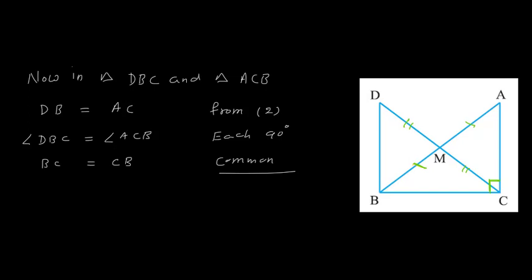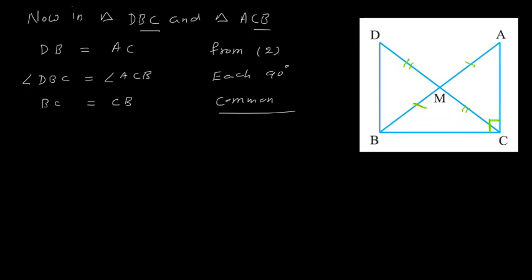Yes, we can write, but I am writing as per the correspondence. If you see this triangle DBC and ACB, here BC side is corresponding to CB side, like that. So you also follow this way of writing the values. Therefore triangle DBC is congruent to triangle ACB.